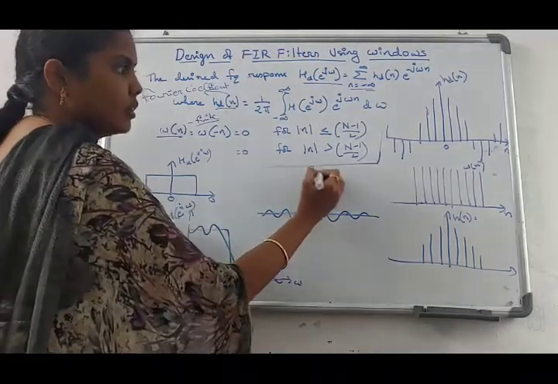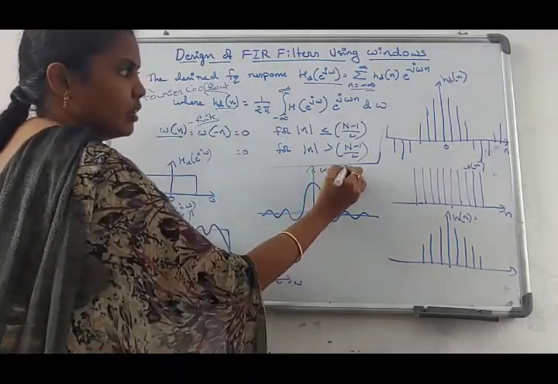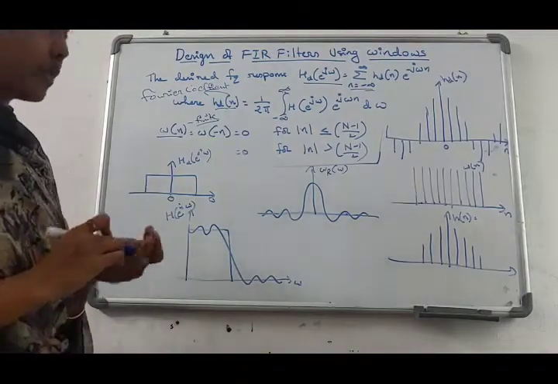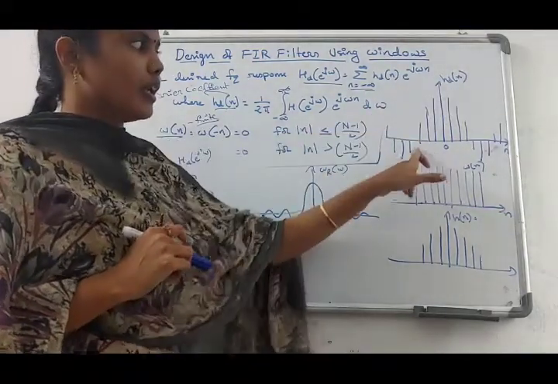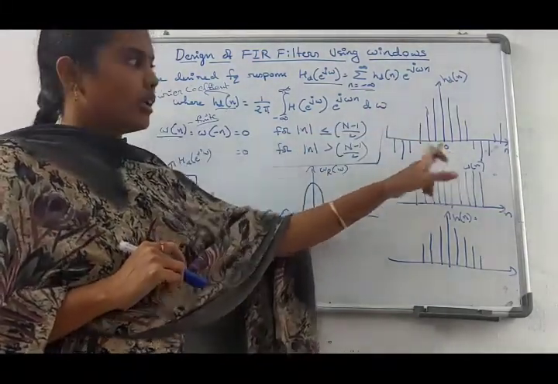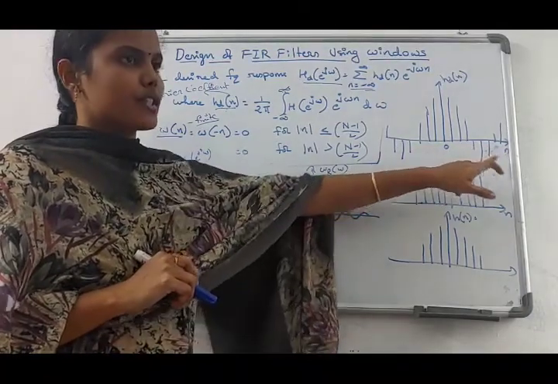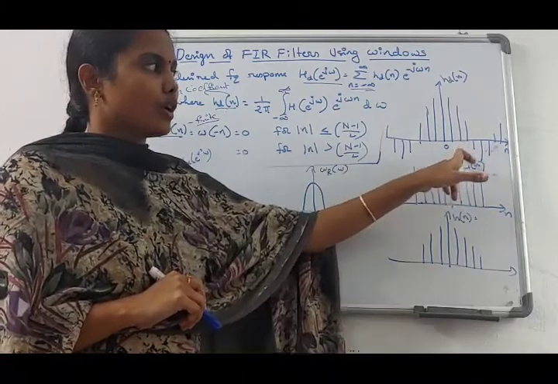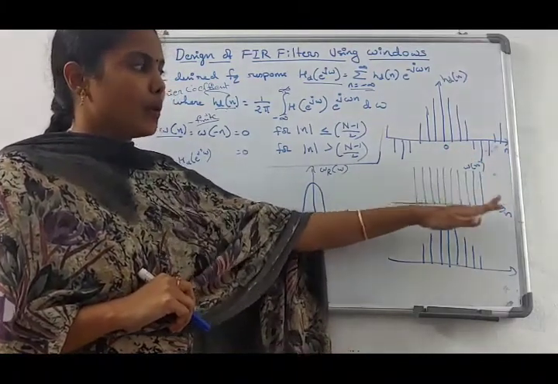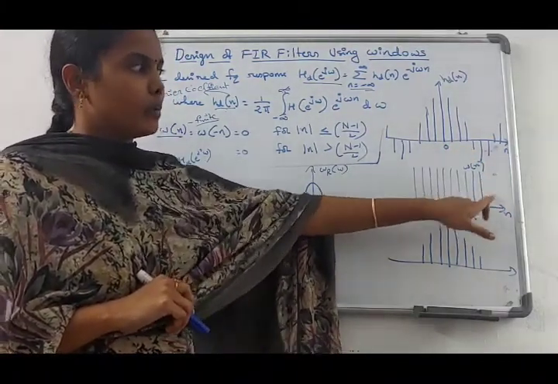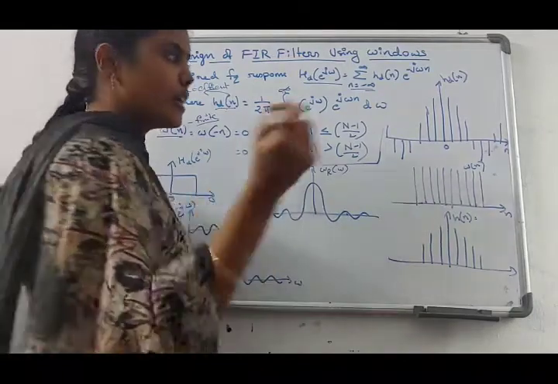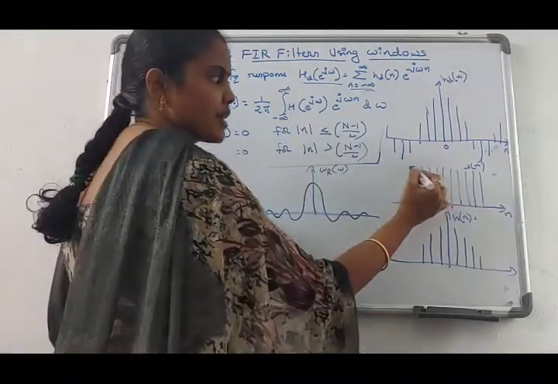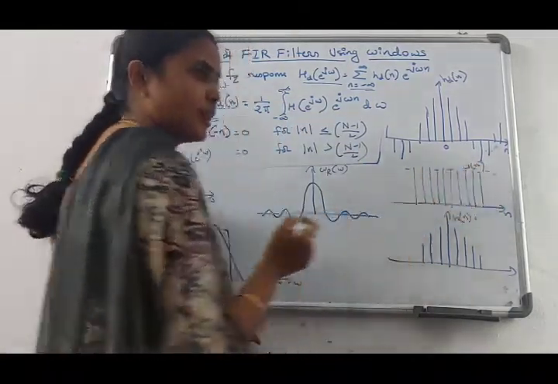Now hd of n has an infinite range. In order to limit the infinite range, multiply by w of n. W of n is a discrete rectangular signal.